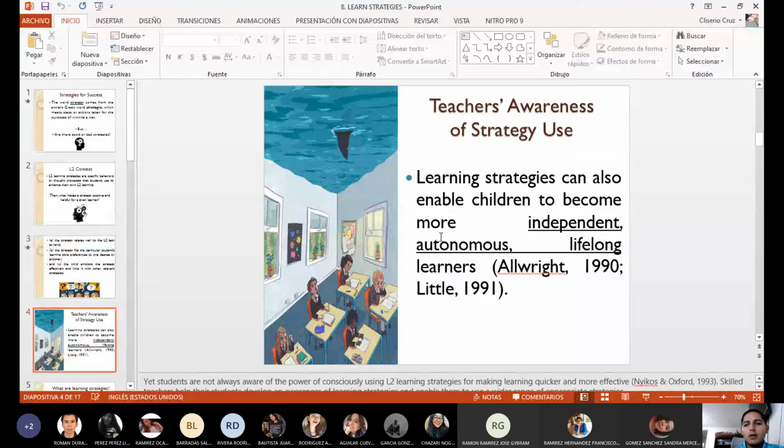Well, learning strategies can also enable children to become critical thinkers from the very beginning. It's very difficult to be autonomous, but it's also part of children's personality. If they follow a constructivist approach for learning, they are likely to become autonomous. I can tell you that.